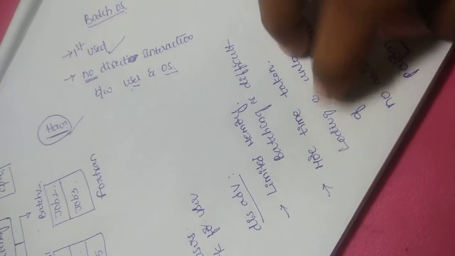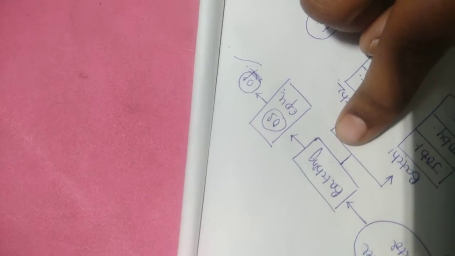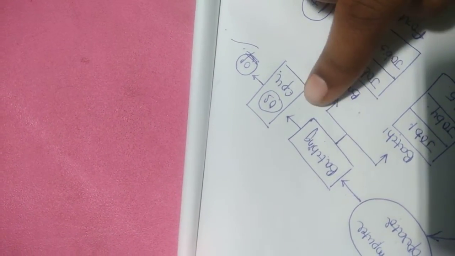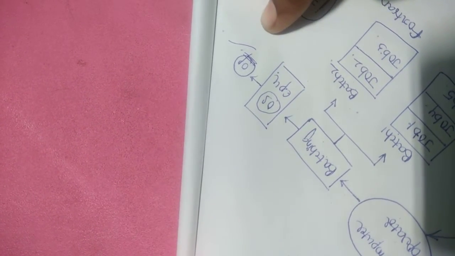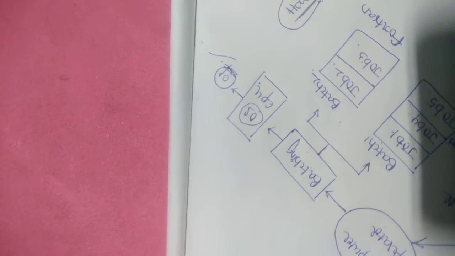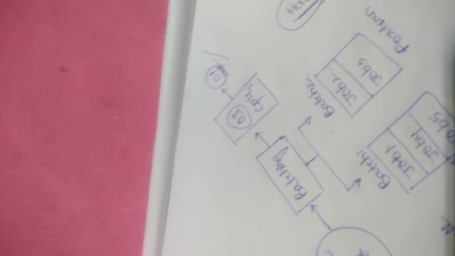And next, more time is taken. Here, if we observe, the data is sent to the CPU, which is loading of data into the processor, and unloading of the data from the processor. Two tasks are going on.